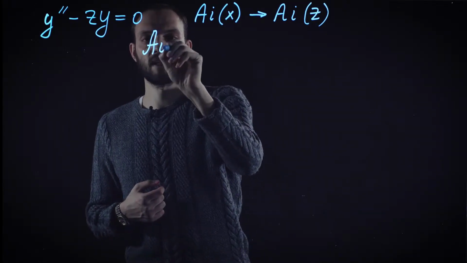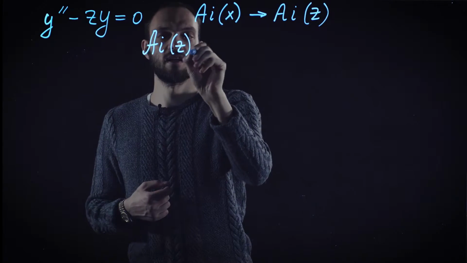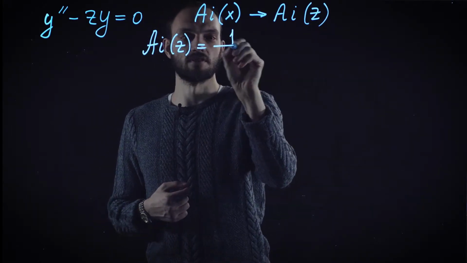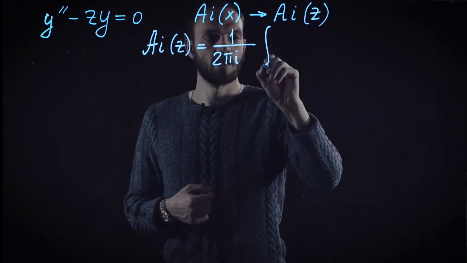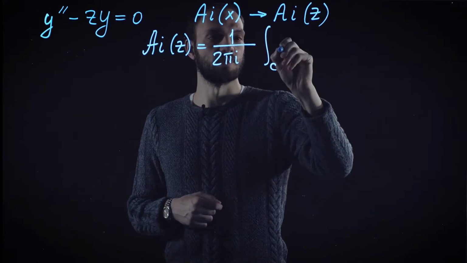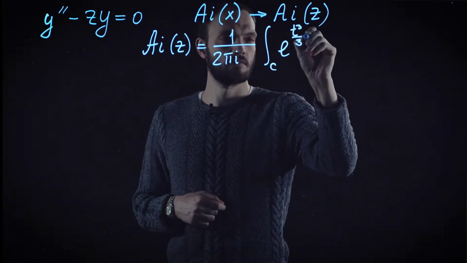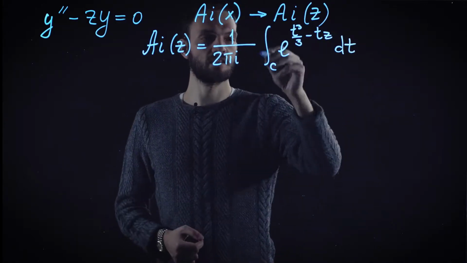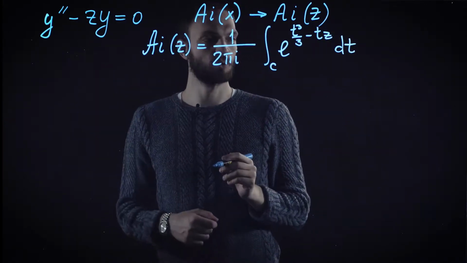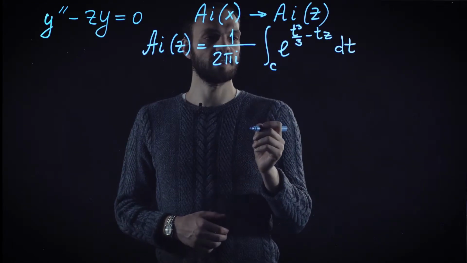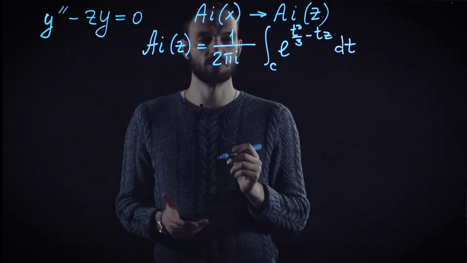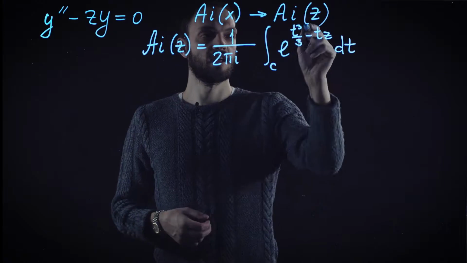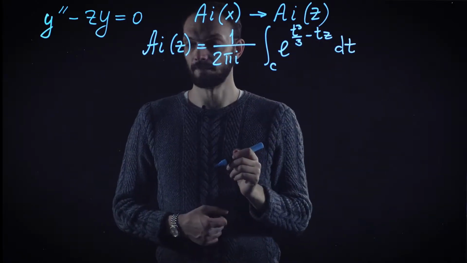We will define the Airy function in the complex plane by the following integral, with contour to be specified in a moment. It's straightforward to check that this integral does indeed solve Airy's equation. What we need to require is for the contour to go to infinity in such domains that the exponential decays.